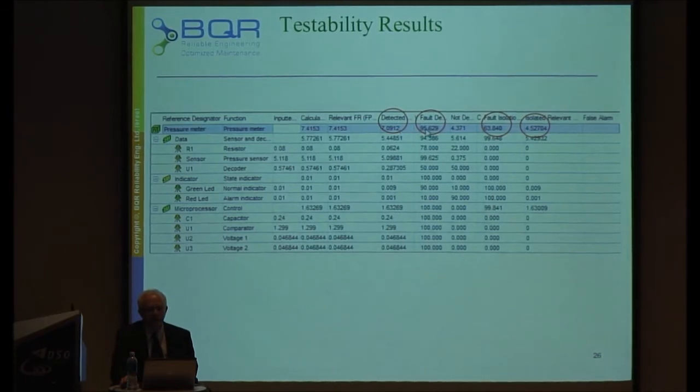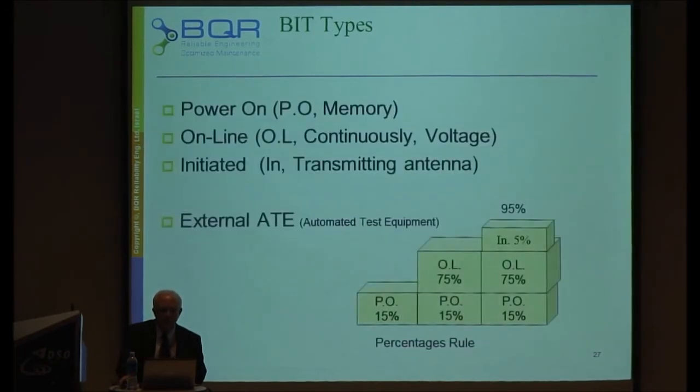So 95% of the failure rate is detected and we have an alarm. About 5% can be a failure, and now we want to see that that failure is not falling in the red area. If it's falling in a green area, okay. But if it's red, it's a disaster. We need to correct our design.